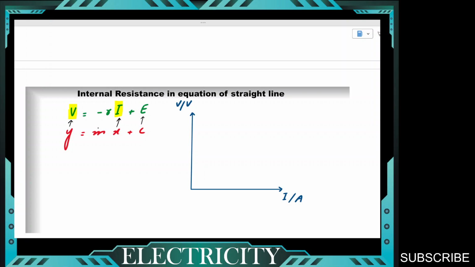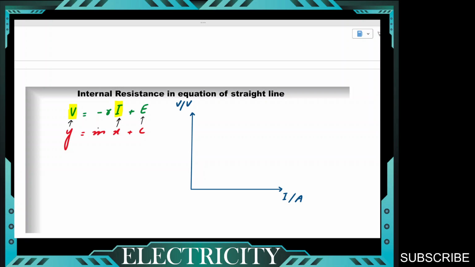And how do we know this would be an equation of a straight line? Because it's a linear function. We don't have any square, any square root, any cube, any exponential function, any trigonometric function, or any natural log function. So it is a linear function.